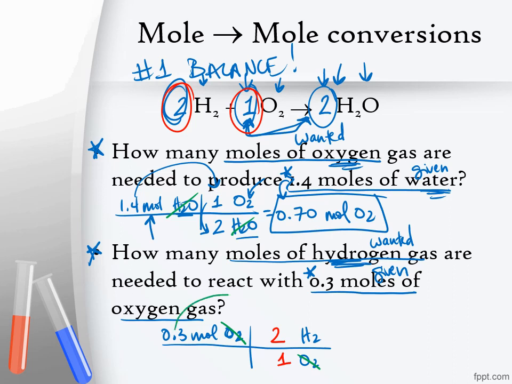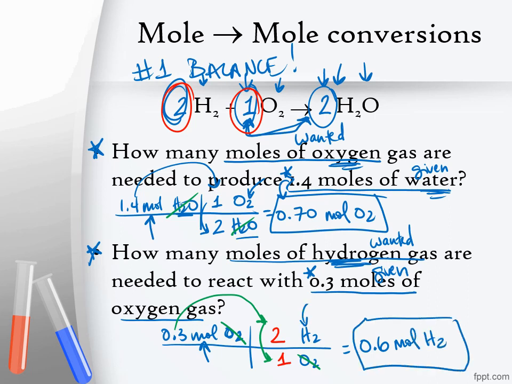Calculation-wise, I'm going to do 0.3 times 2 divided by 1, and that's going to give me 0.6. My unit label, I still have moles, but instead of oxygen, now I have hydrogen gas. And so our answer is going to be 0.6 moles of hydrogen gas. How many moles of hydrogen do I need to react with those 0.3 moles of oxygen? I need 0.6.